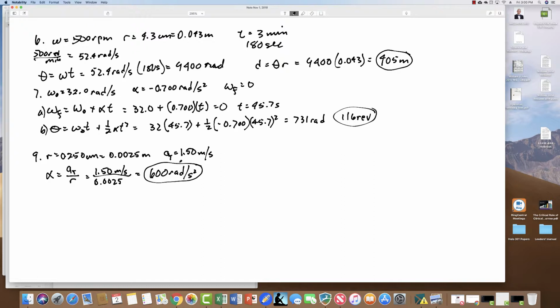Now the second question is, what is the angular velocity after 0.750 seconds? So it's asking, if we start with an angular velocity of 0, what is the final angular velocity if we have this acceleration for 0.750 seconds?